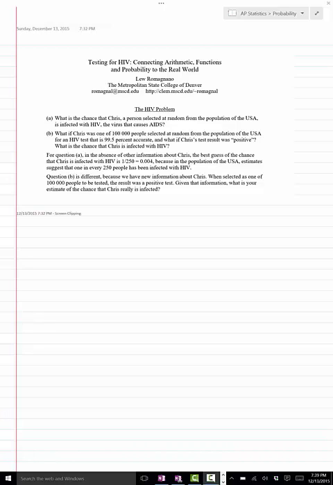So, let's see. Based on our sample, out of 100,000 people, 1 out of every 250 we would expect to have HIV, if it matched the population. So out of 100,000 people, we would expect 400 of them to be infected.